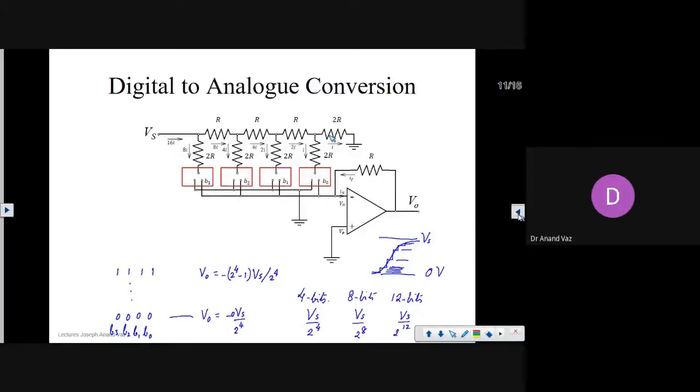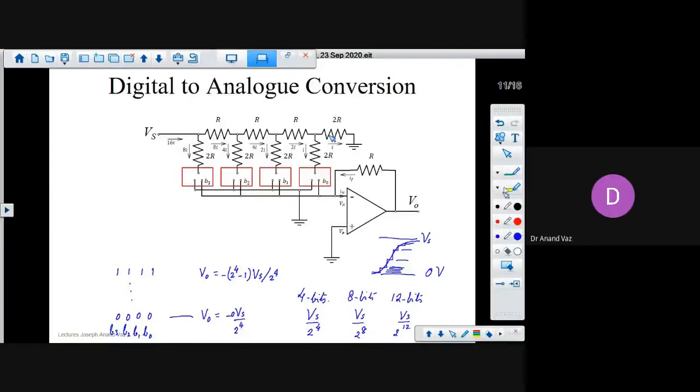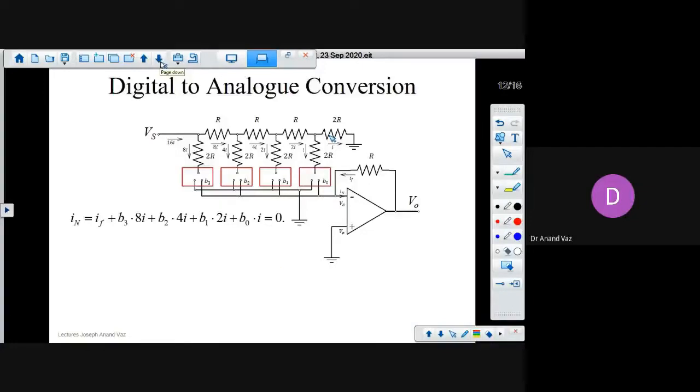Just to complete our discussion, I will proceed with a few slides more. So here, the current going in here is actually equal to 0.